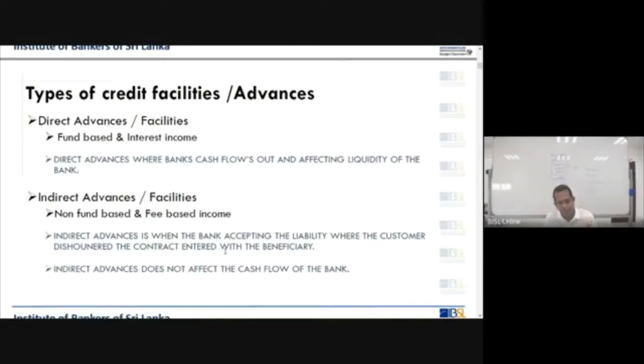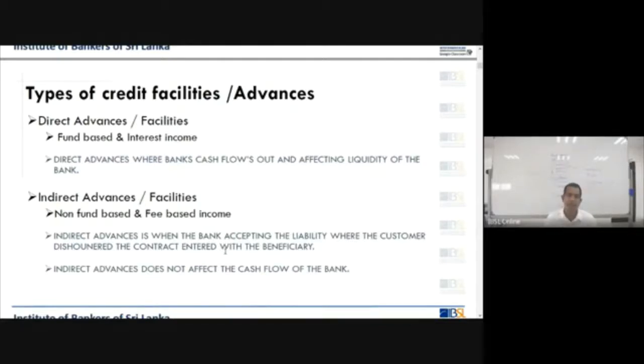So by giving this undertaking or accepting this liability, there is no cash out. If Mr. Pereira continues to pay the company, we don't have any issue. If he defaults, the company can contact the bank and say he is not paying. So we have to pay.